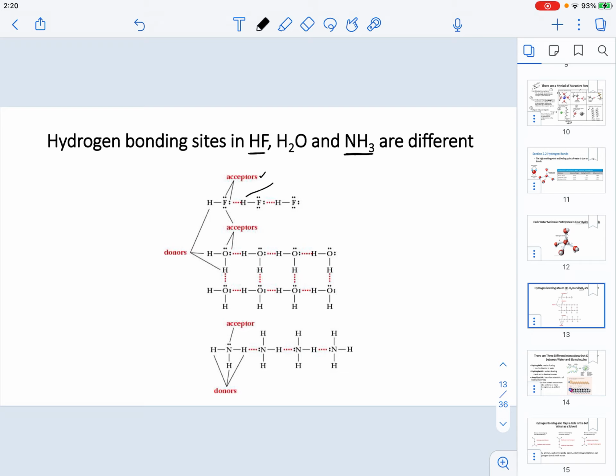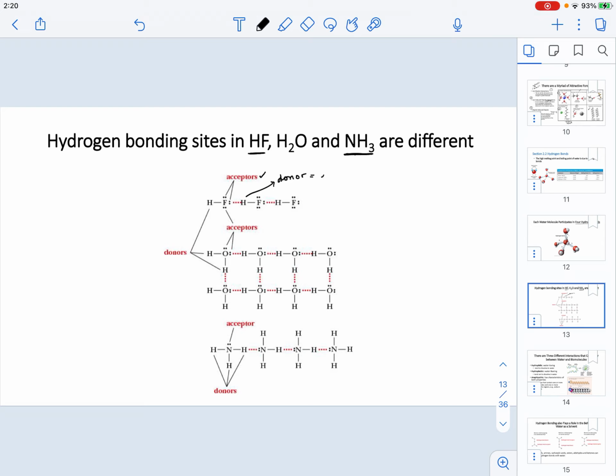This one is not illustrated, but I'm just going to highlight it. So this is also a donor. A hydrogen bond donor is going to be the hydrogen that interacts with the negative charge of a neighboring molecule. Let me just write that definition.